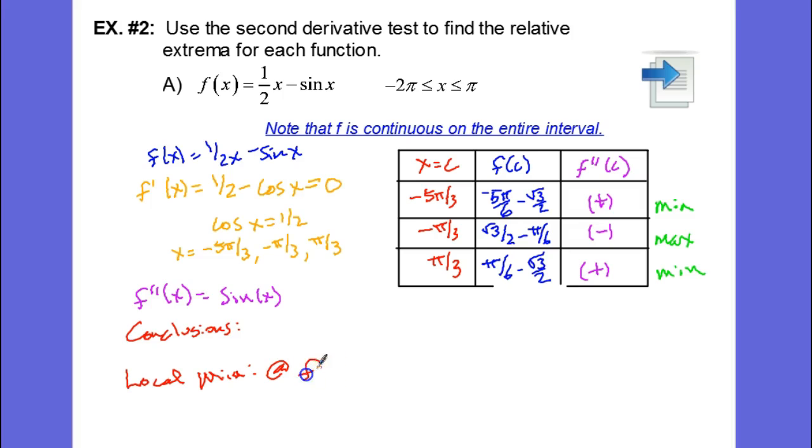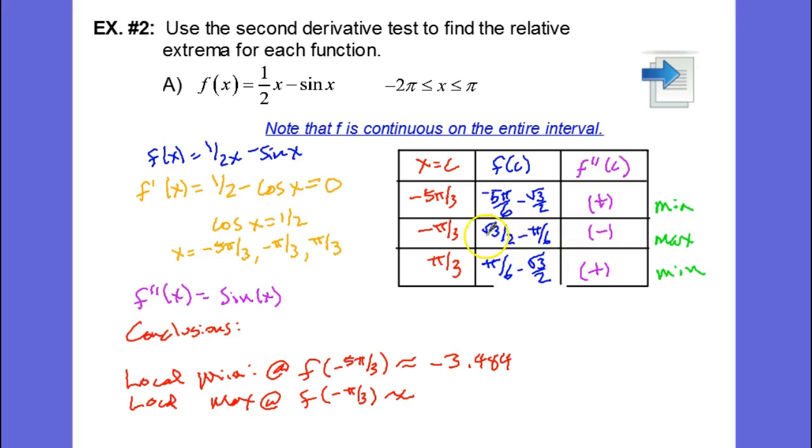At f of negative 5 pi over 3, it is approximately negative 3.484. That's a local minimum. We have a local maximum at f of negative pi over 3.